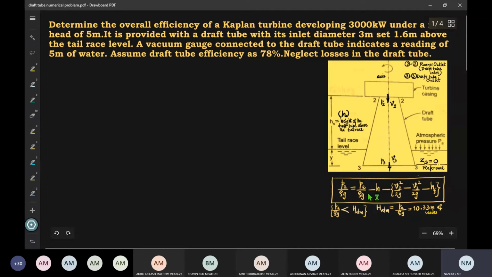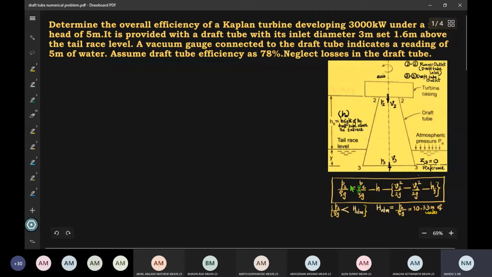And PA by rho g is what? That is the atmospheric pressure head. Atmospheric pressure head is 10.33 meters of water. The standard value of the atmospheric pressure head is this much. The vacuum gauge connected to the draft tube indicates a reading of 5 meters of water.